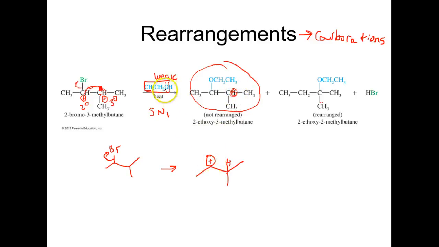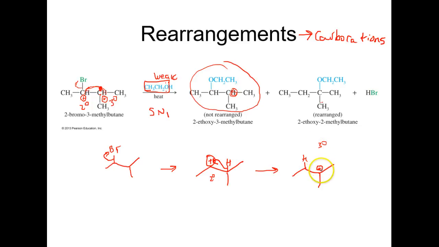Now, what could happen is your nucleophile could come in here, attack, and form your compound. But what actually happens is this hydrogen shifts over with its electrons as a hydride shift. The hydrogen goes here, and you form the plus charge on the tertiary carbon. This carbon is tertiary, this carbon is secondary, this carbon is tertiary.